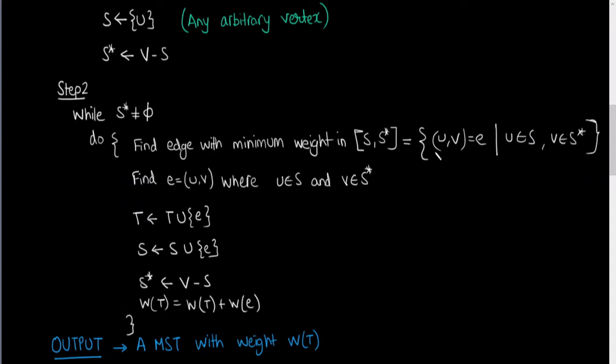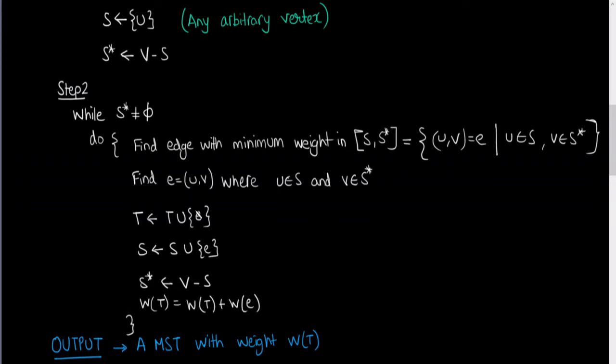We're basically listing down all the edges from the vertices present in set S to the vertices present in set S star. So find an edge e = (U, V), where U belongs to S and V belongs to S star, and we find the edge with minimum weight.